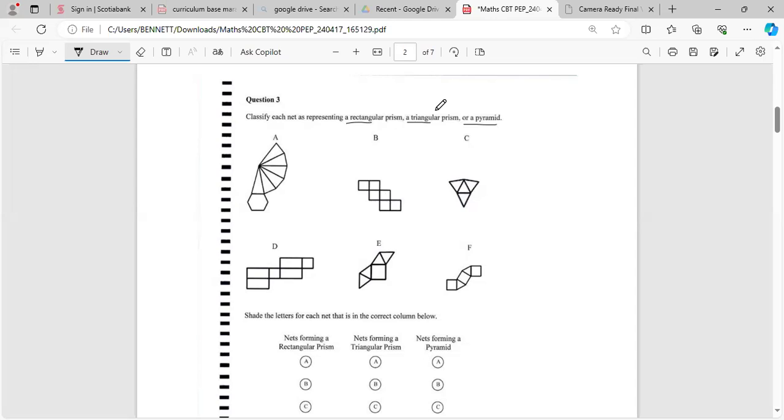Same thing for C. Same thing for this if you think it's a rectangular prism, a triangular prism, or a pyramid. So for each one of them, you're just gonna find out the answer. And then as a group, we discuss and then we see if we agree. All right?